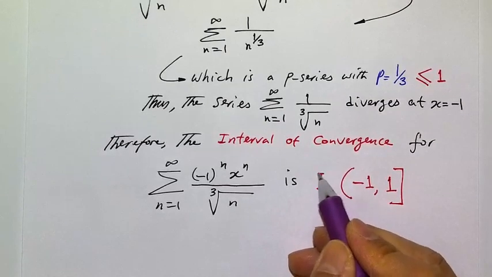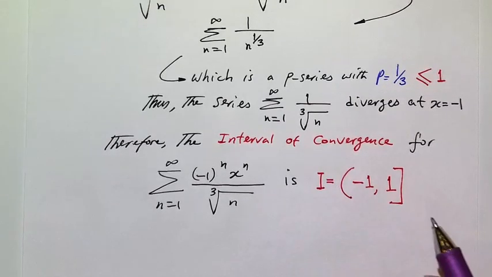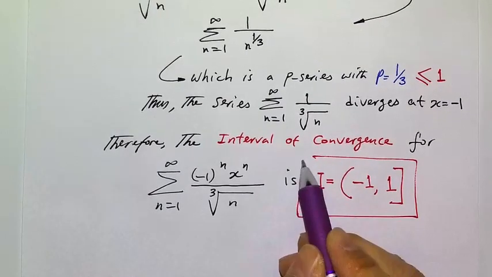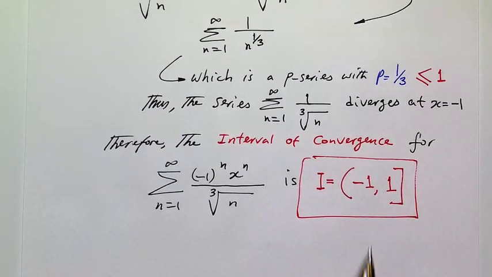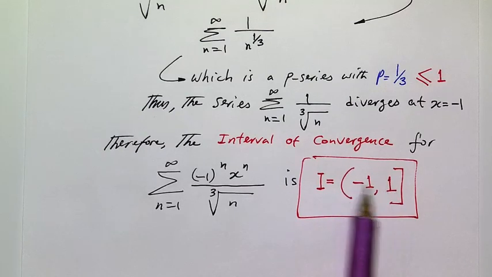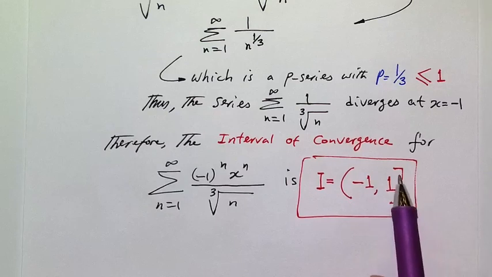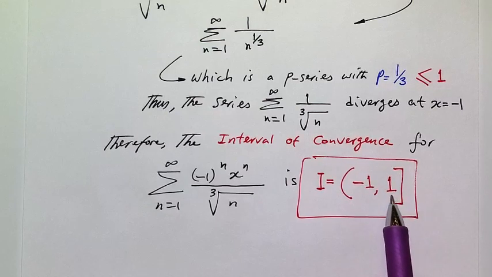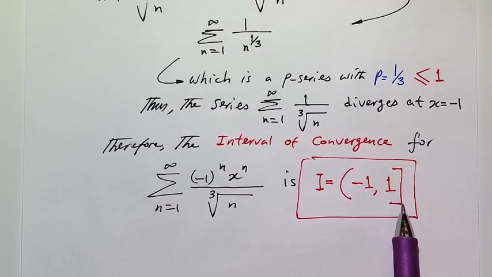And this would be I, capital I, equals that. This is the interval of convergence. Okay, divergent at x equals -1, convergent anywhere in between these two numbers, and also convergent at the end point x equals 1.